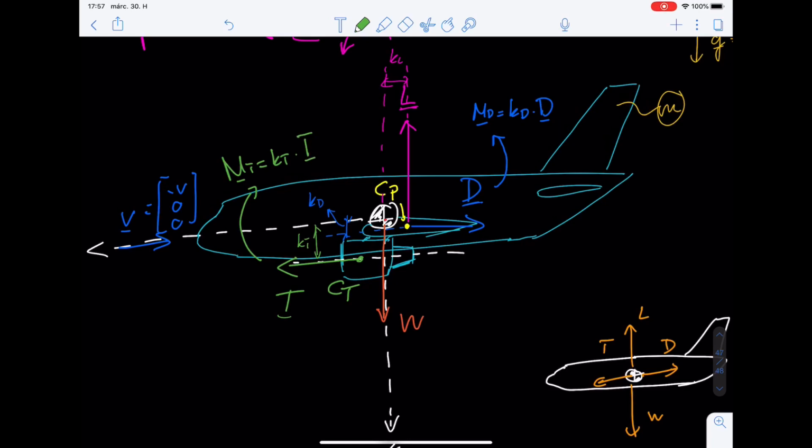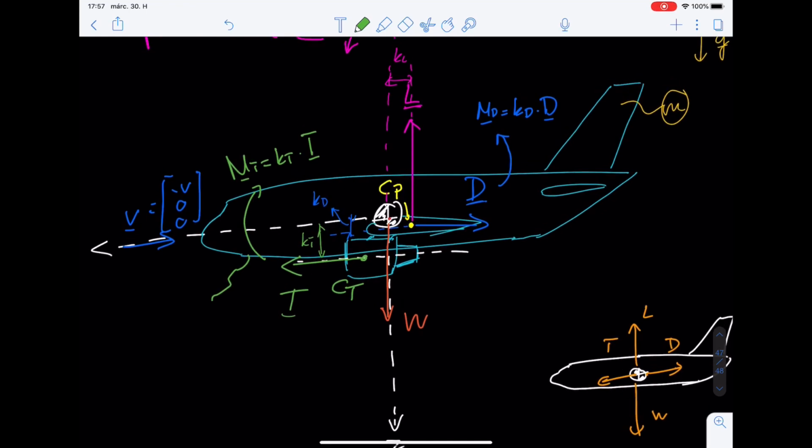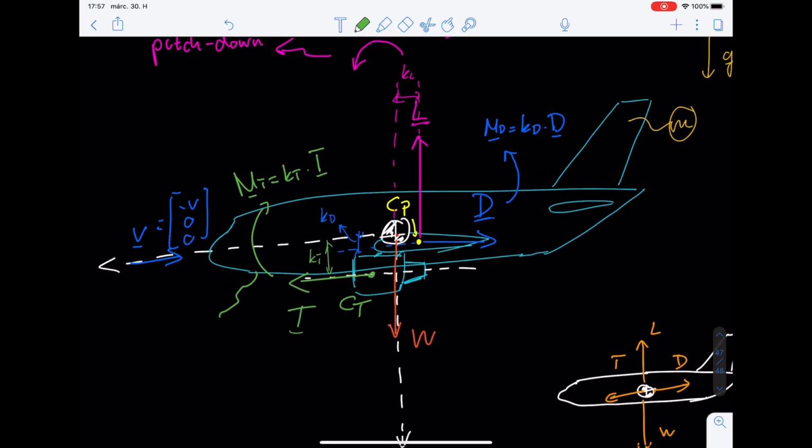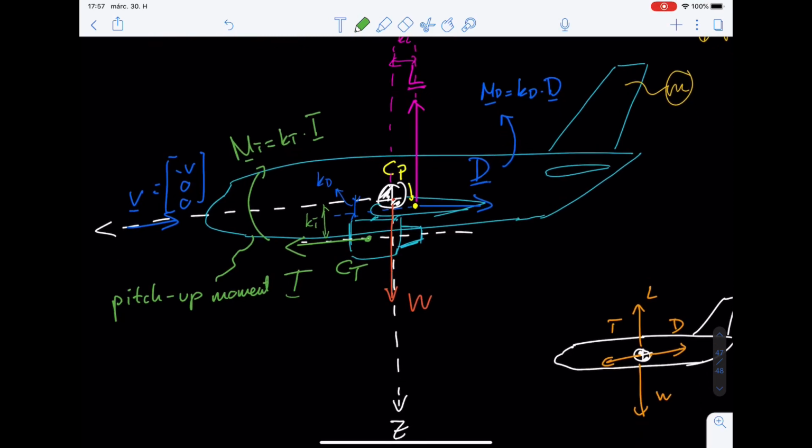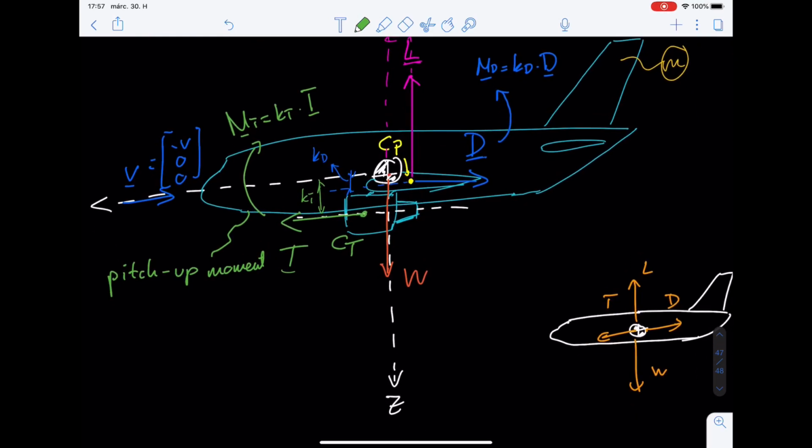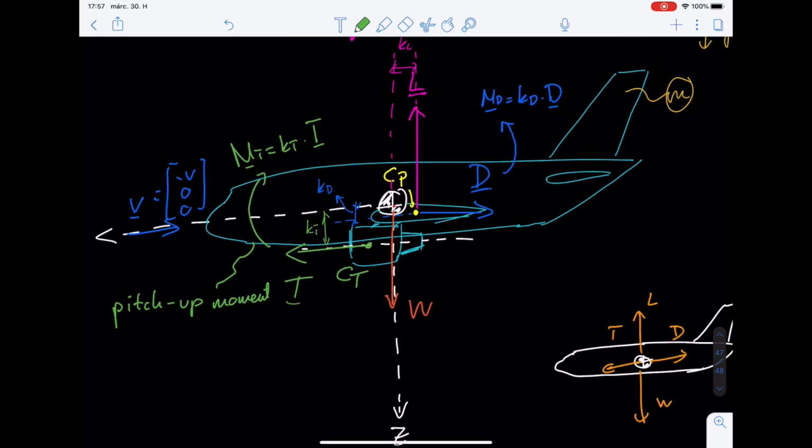And as you can see, this is a clockwise rotating moment, so this we call a pitch up moment. And this we would call a negative moment.